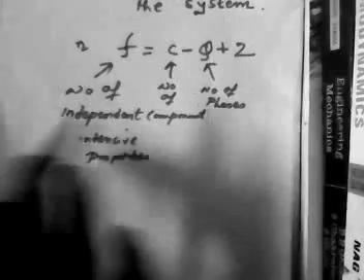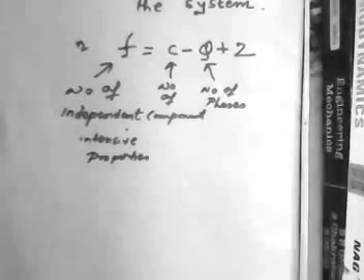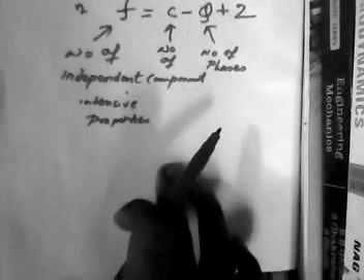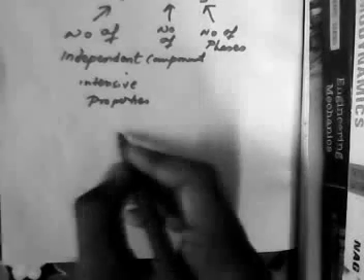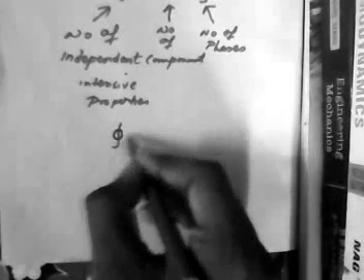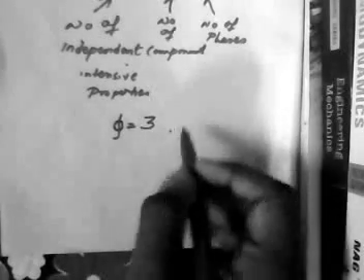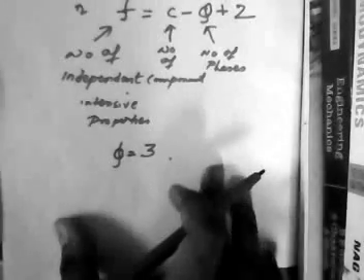From the Gibbs phase rule, we can find the number of independent intensive properties needed to define the system.